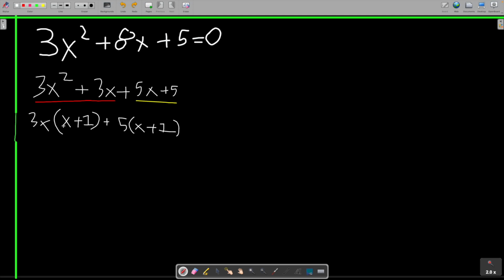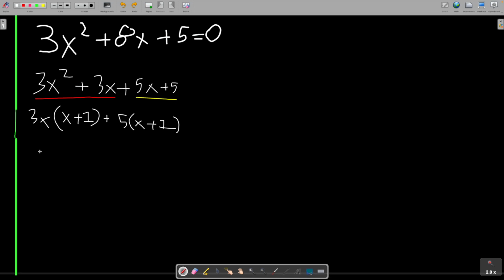So now what we're going to do, this is not the final step to finally solving this equation, but we'll see here. We're going to put the common factor, x plus 1, on one side. And then the things on the outside, 3x and 5, we can just put onto the other one.